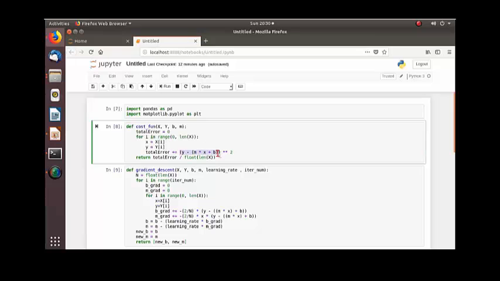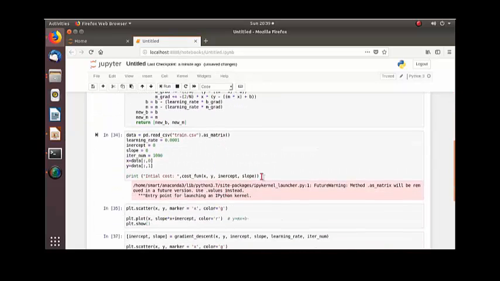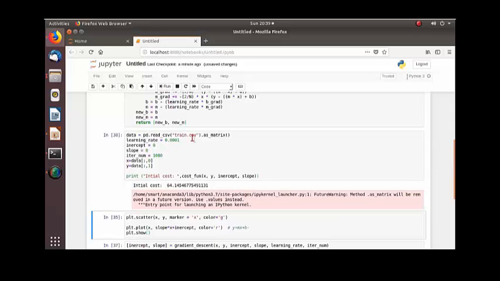This is our error, y minus hypothesis, and we square all the errors and sum them up. After that I divide it by the total number of observations. So now we'll check what our initial cost is. This is our initial cost.